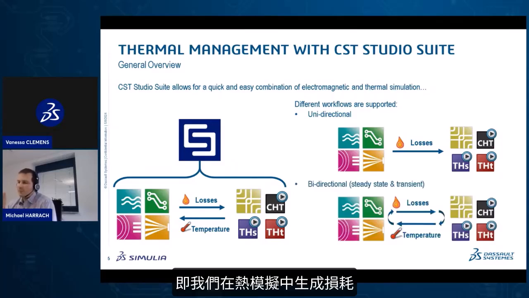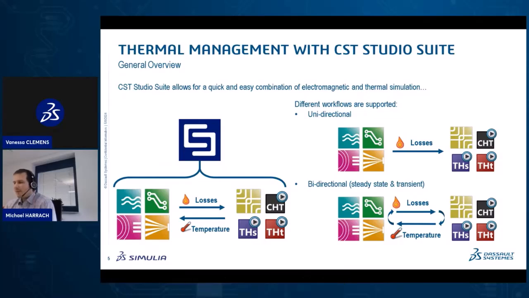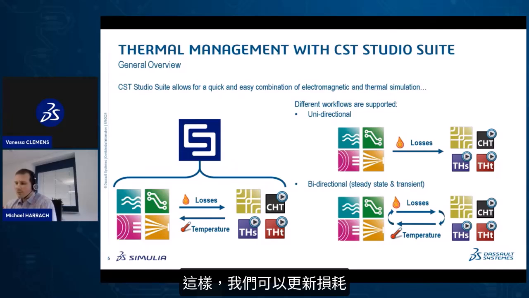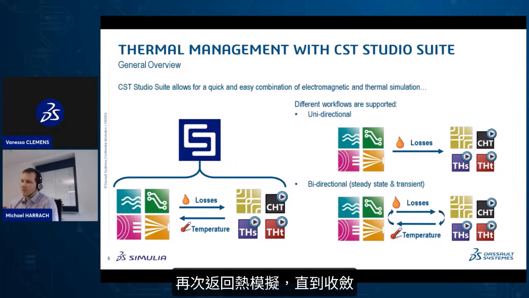That is, we create our loss, pack it into a thermal simulation, push back the temperature to our EM simulation, and here we would then update material properties. So of course we do need to have temperature-dependent materials present in this case. Update material properties in this way, update losses again, go back into thermal until we are converged there.